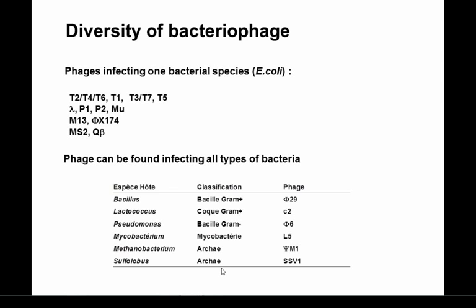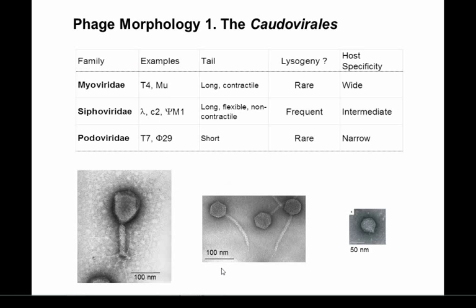Okay, so there's quite a lot of diversity, but rather fortunately for us, the most frequent or dominant types of bacteriophage are the Caudovirales, that is, double-stranded DNA bacteriophage with an icosahedral head and some kind of helical tail structure.